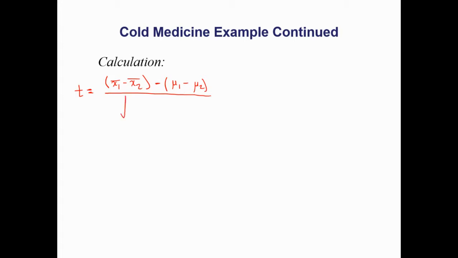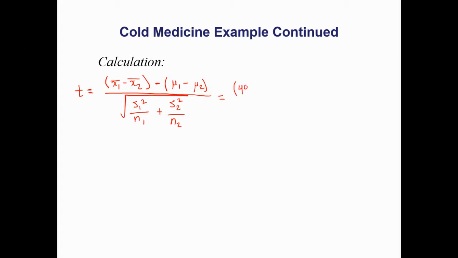So that's the top, and then we have s1 squared divided by n1 plus s2 squared divided by n2. Now we wrote down all of these values already. That's what we got from all the one variable steps we did. Let's plug them in.